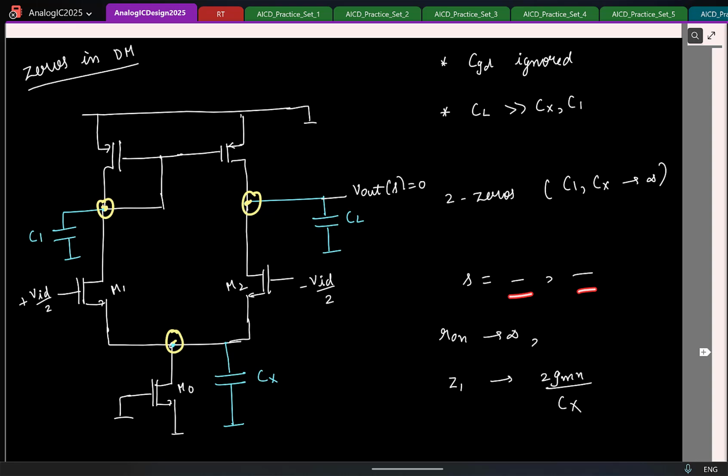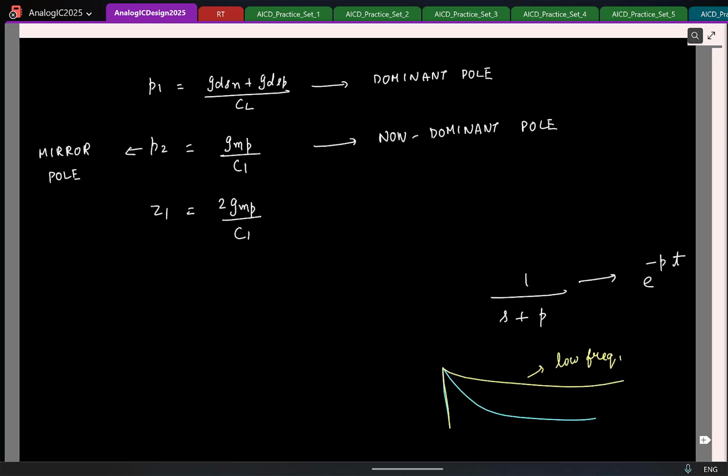Again, if you put R0 of the NMOS to infinity, one of the zeros will be this, the other zero will be what we computed. If R0 is not infinity, one of the zeros will be close to this, roughly this. The assumption is always GM is much greater than 1 by R0, correct? So technically, if you want to be really accurate, the zero location will also depend slightly on R0. But the assumption is that R0 is large, so this is approximately the zero.